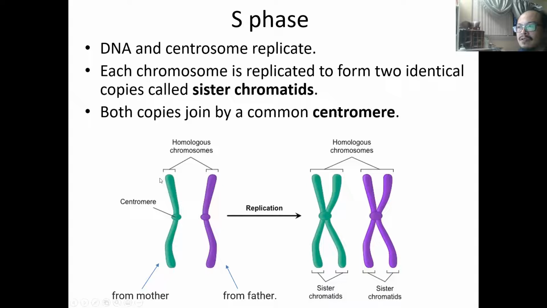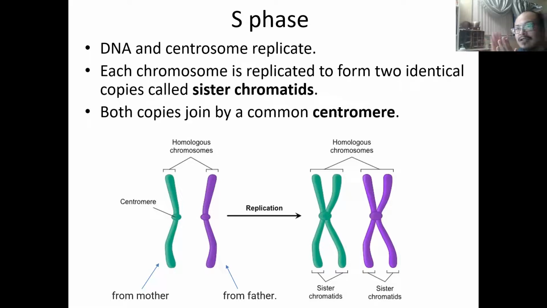You must know that your two sets of chromosomes, one from mom and one from dad, are not identical, because your mom and dad are not identical twins, right? So their chromosomes are not identical. But one chromosome replicates to a sister chromatid. These two will be identical because that is an exact copy.